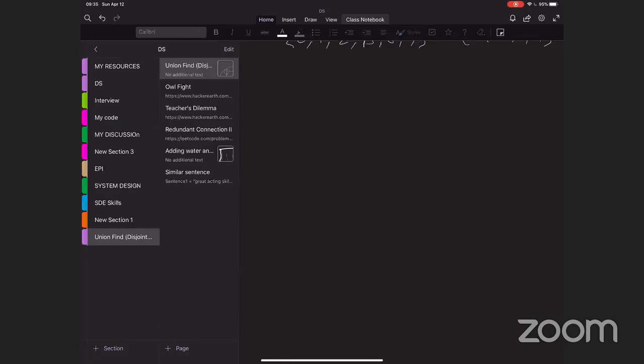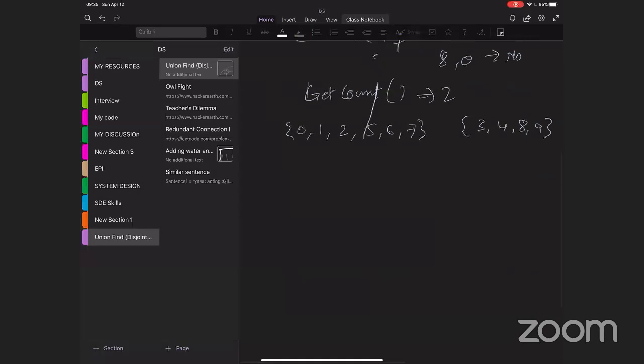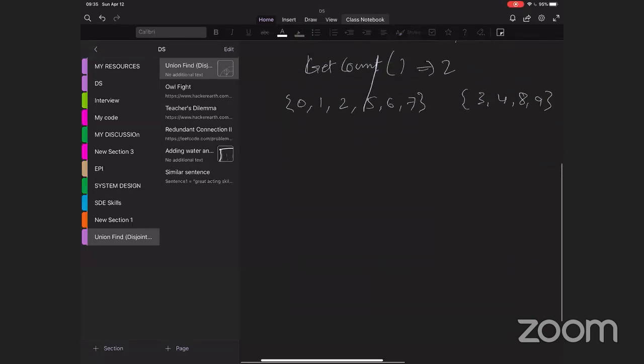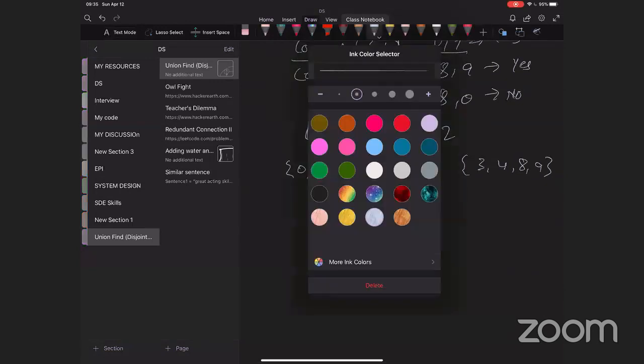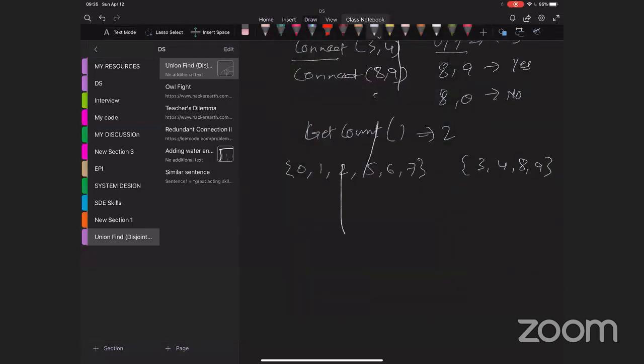So we are going to implement the union find data structure. Let's see what APIs we need. If I have a union find class, one we already talked about: connected.